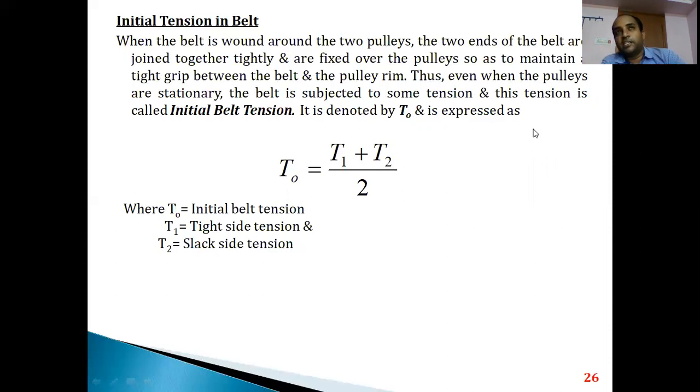This tension, developed when the belt is under stationary conditions, we call the initial belt tension, denoted by T naught. When the belt is under stationary conditions, we take the average of the tight side and the slack side to calculate the initial belt tension, that is T naught is equal to (T1 plus T2) by 2.